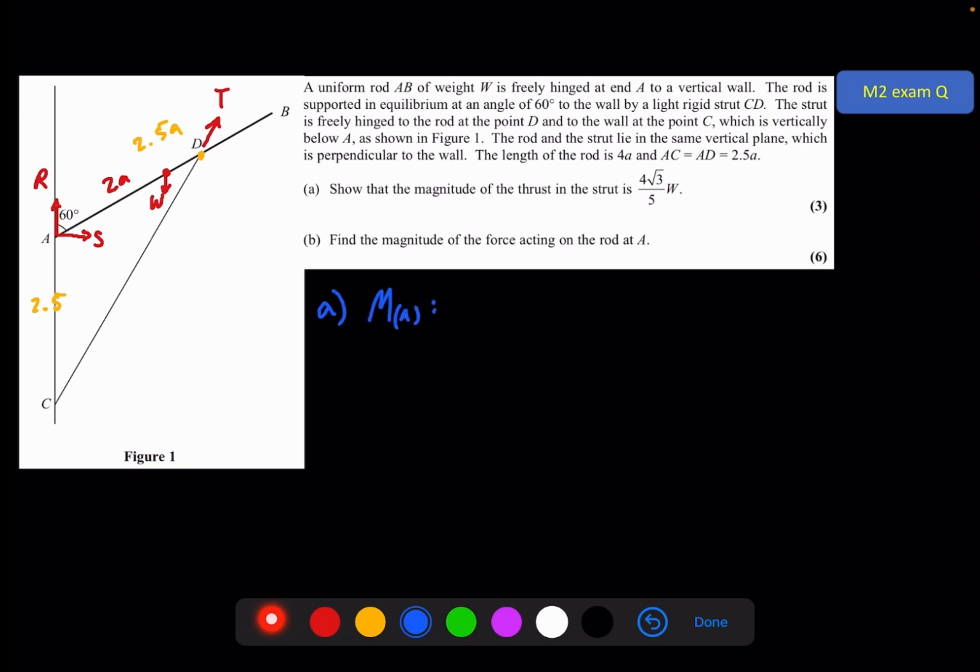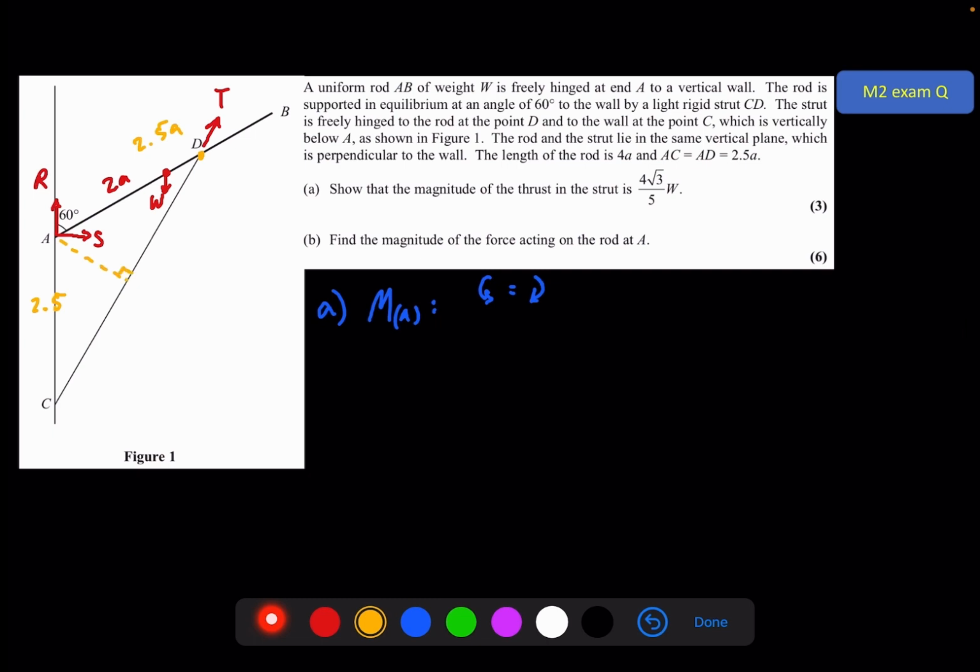It's all in equilibrium, so we know that the anticlockwise moments equal the clockwise moments. Anticlockwise about A, we only have the thrust. But remember, we need the perpendicular distance, so we can't just go, oh, it's 2.5A, it's not. The line of action comes back to here, and we want the perpendicular distance here. So we also want this.